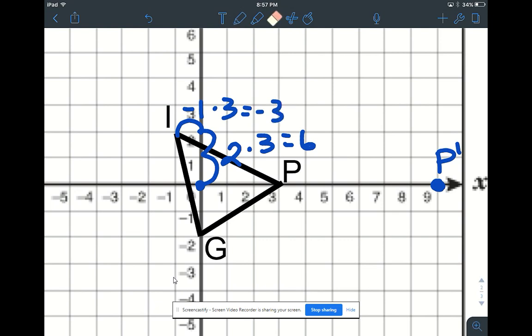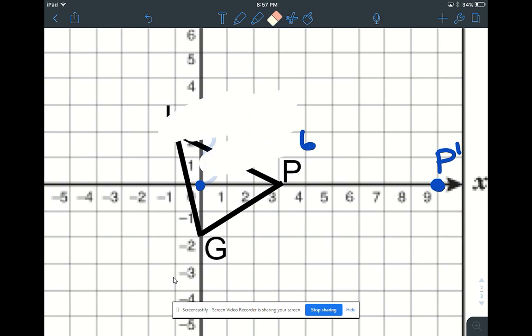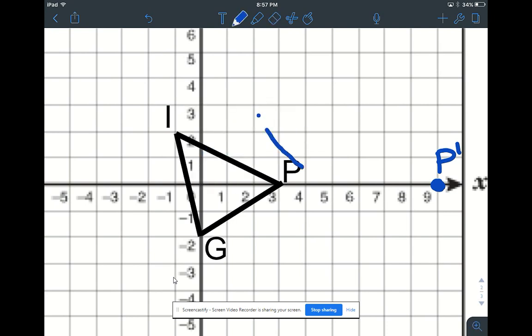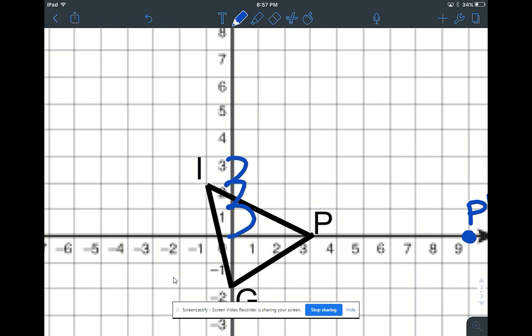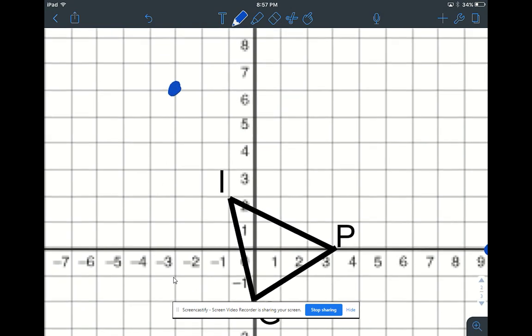All right, up 6, 1, 2, 3, 4, 5, 6, and left 1, 2, 3. So right here is going to be I prime. Good with that?